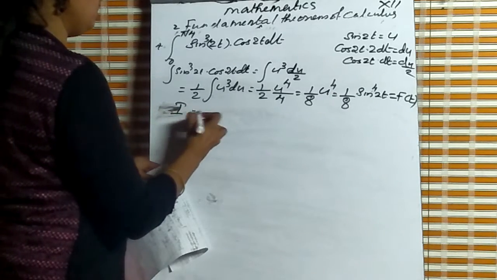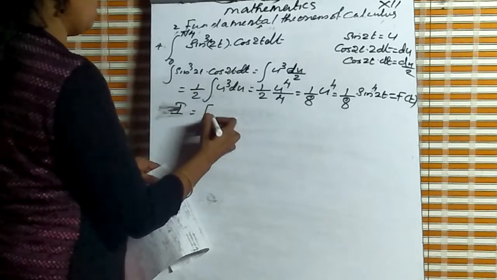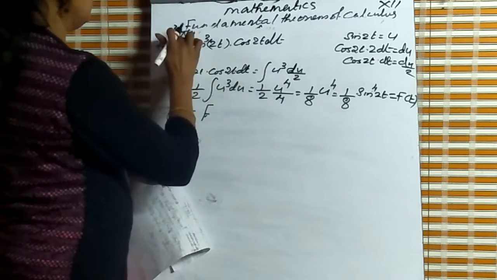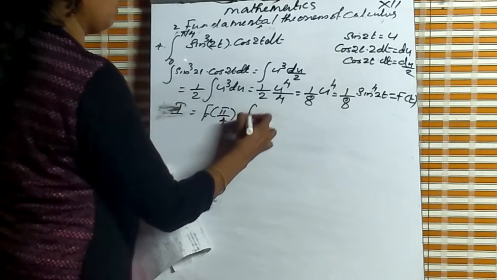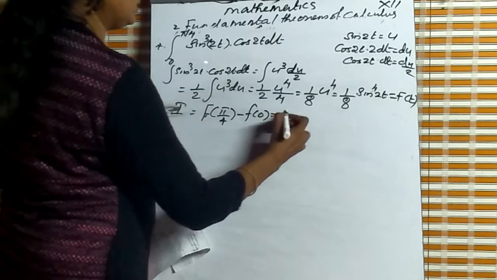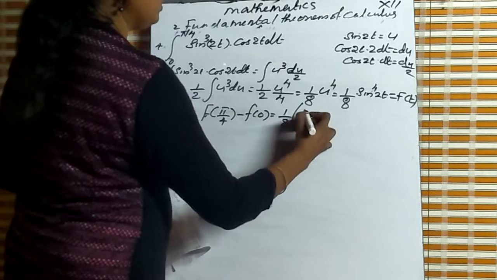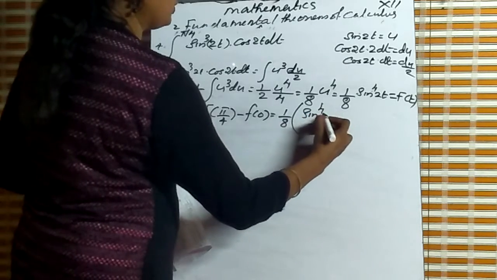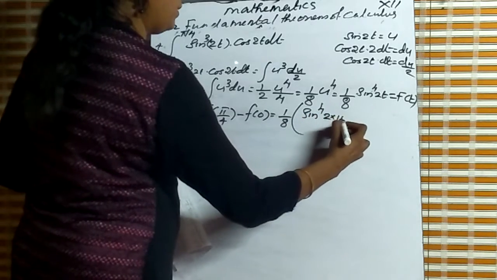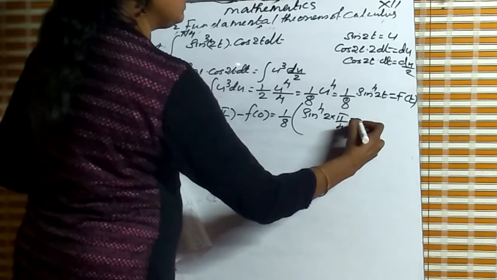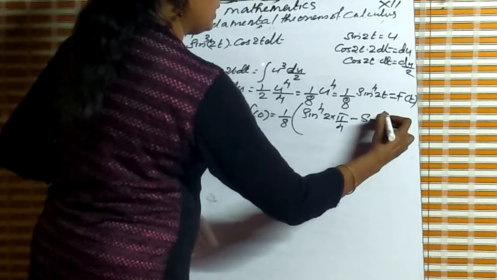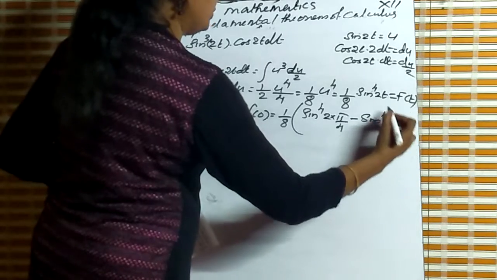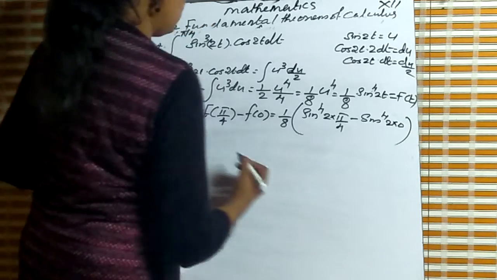I is equal to our integral, which is f of pi by 4 minus f of 0, equal to 1 by 8 into sin raised to 4 of 2 into pi by 4 minus sin raised to 4 of 2 into 0.